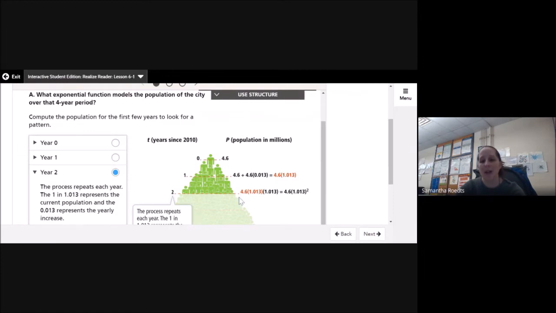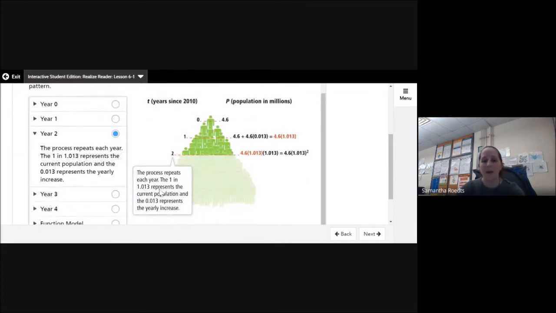Year 2, I take that amount, that 4.6 times 1.013 times 1.013, or 1.013 squared. Okay, so I'm taking 100%, which is that 4.6 plus that 0.013. That's what this represents. Okay. And then I repeat that process.